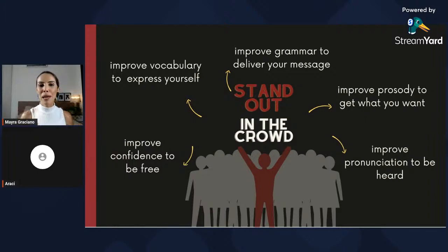We want to be independent. We want to be autonomous when we are speaking the language. I also teach you how to improve vocabulary to express yourself and how to improve grammar to deliver your message. All this is inside Stand Out.